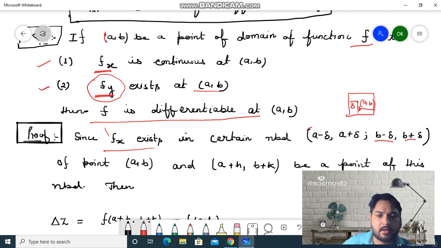And we know that h and k are very small quantities, so (a plus h, b plus k) is a point which lies inside this neighborhood.